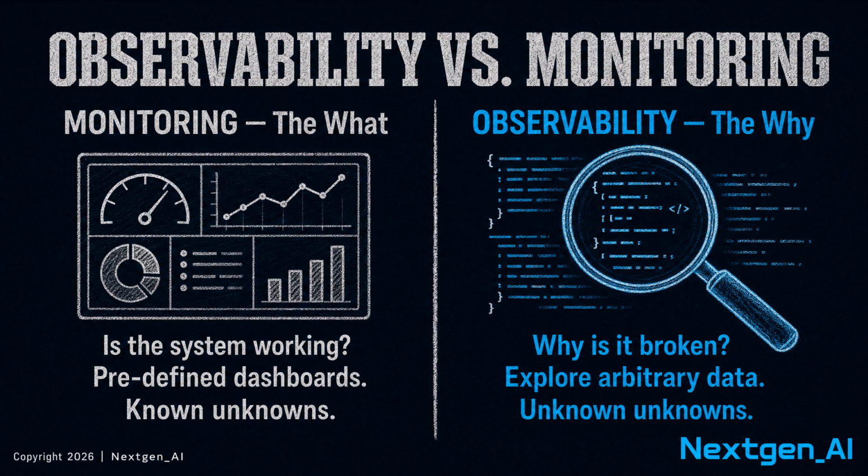Observability, conversely, is profoundly proactive and exploratory. It empowers us to answer why is it broken. In complex distributed systems where unpredictable, unknown unknowns frequently emerge, perhaps a subtle interaction bug between two services under specific load, observability grants us the power to dynamically interrogate the internal state of our system from its external behaviors.